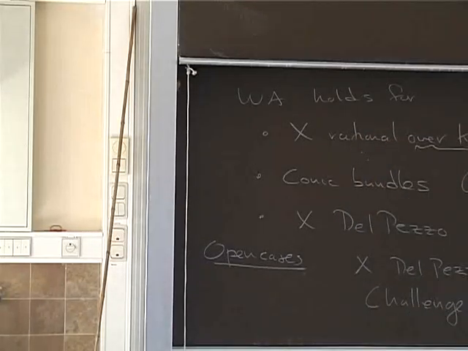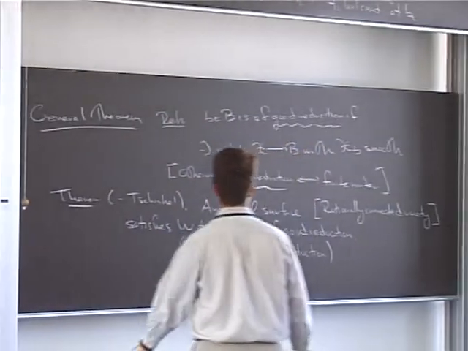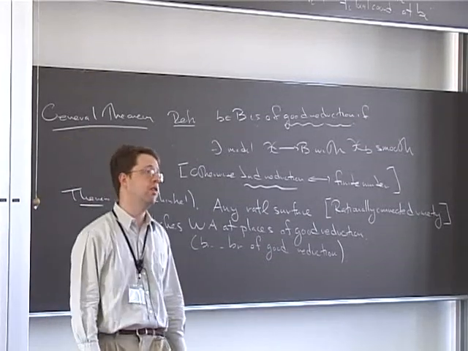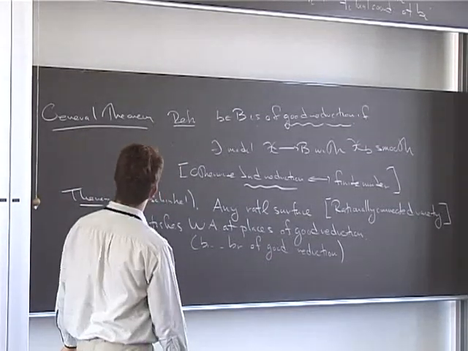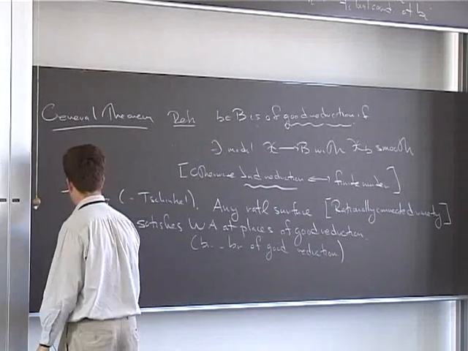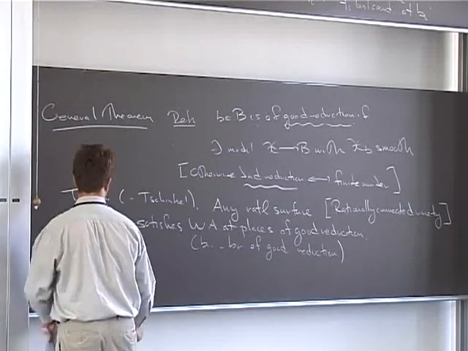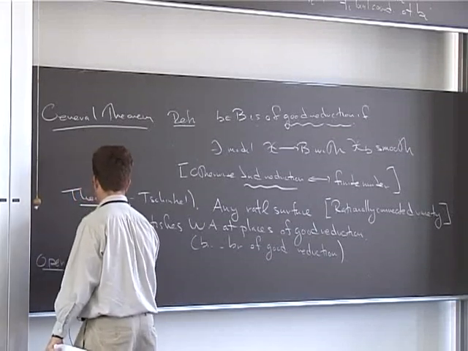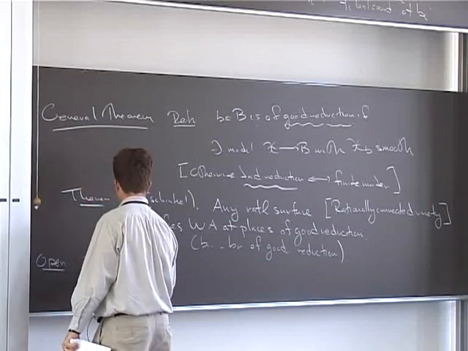So one thing that I want to emphasize about this statement is that it is very clean in the function field case. But as far as I know, this is open for number fields.